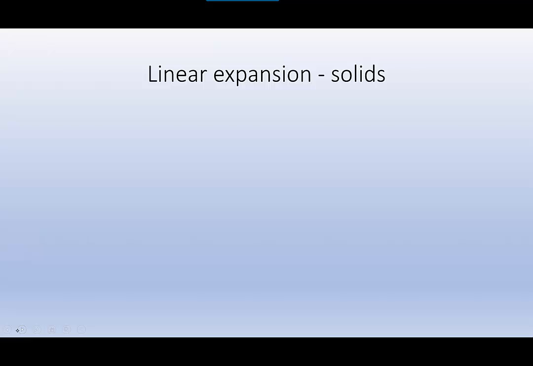If we talk about solids in particular, and we have just a regular bar sitting there, and this bar is at some temperature that we'll call T0 for original temperature. At this point, it is a particular length, which again, because it's its original length, we will call L0.